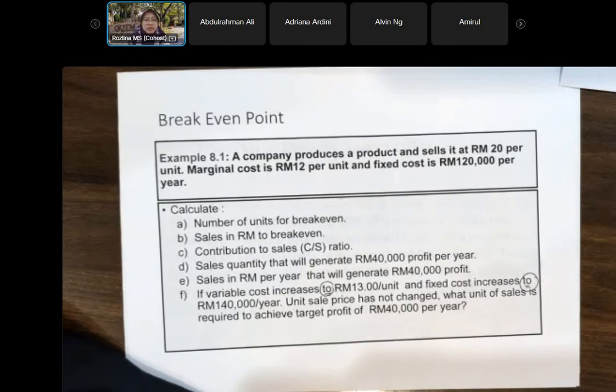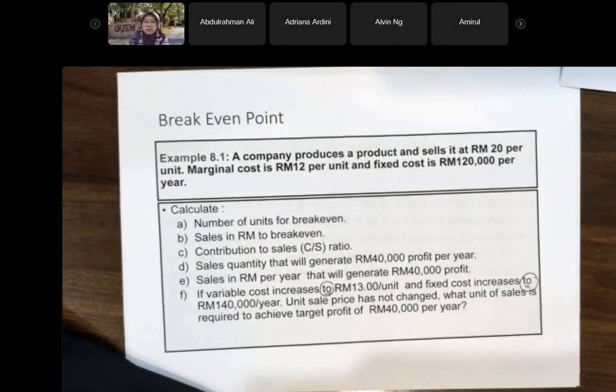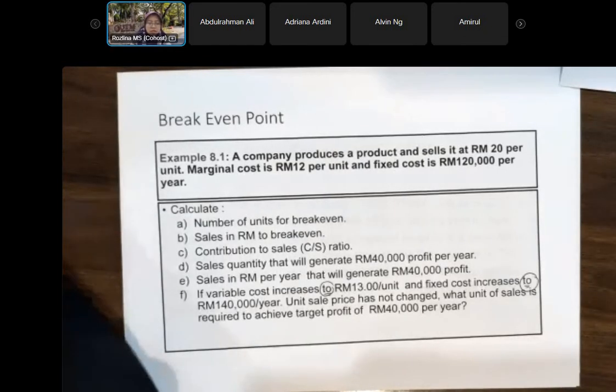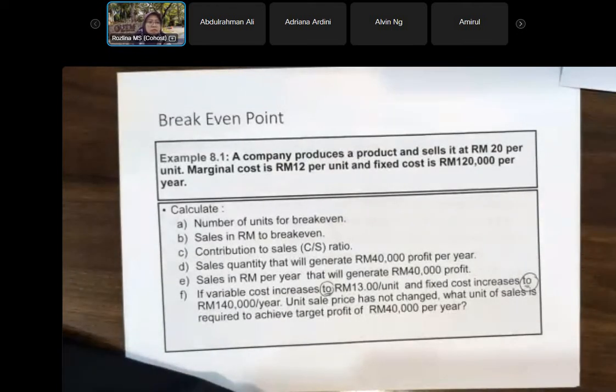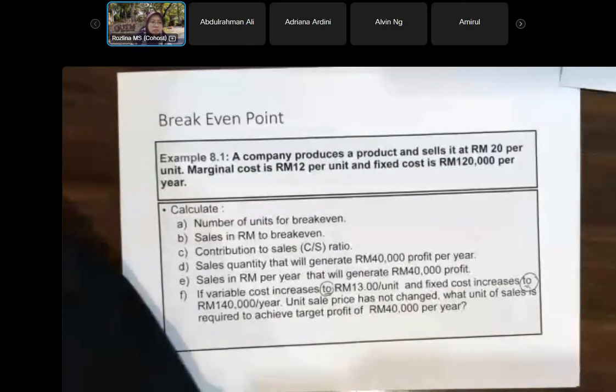Okay, historical cost and sunk cost. What are historical cost and sunk cost? Sorry, historical first.